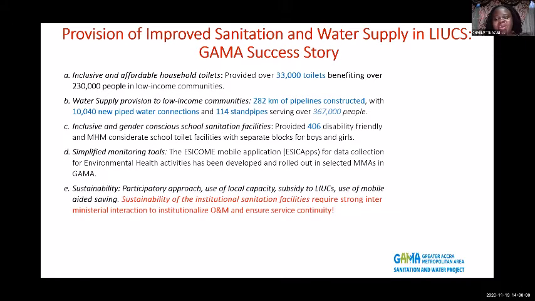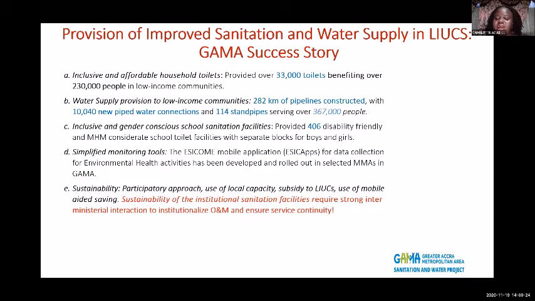Sustainability. We learned from other projects, WaterAid, UNICEF, and we realized that when you normally give facilities to people without planning or designing with sustainability mindsets, you may end up losing a lot of the facilities. So we did a lot of participatory approach.